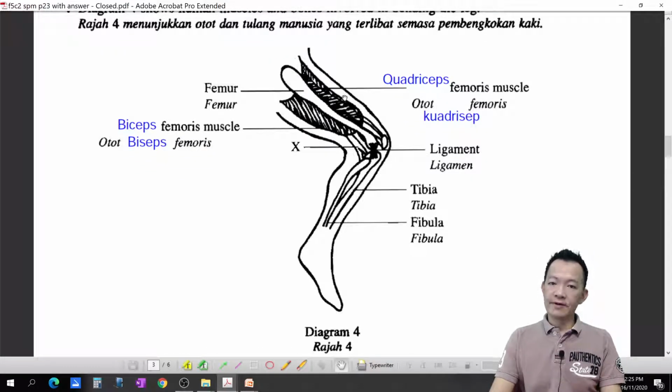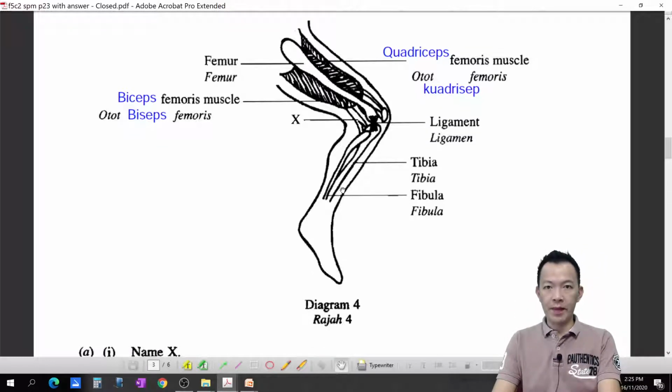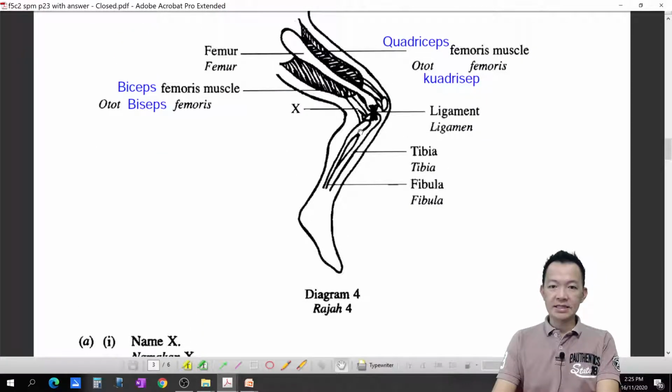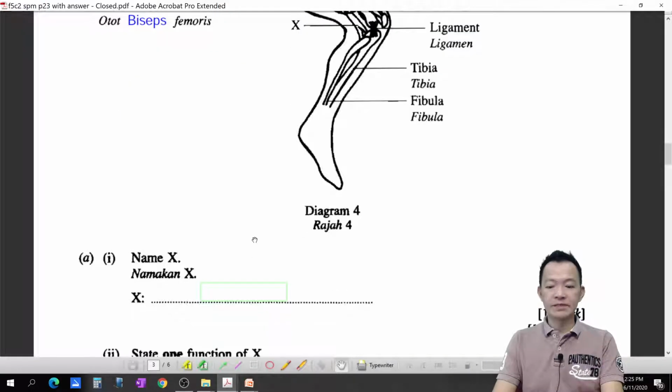For this muscle, quadriceps femoris, or you just call quadriceps muscle, 这边叫 biceps femoris. Quadriceps femoris 前面的，后面的叫 biceps femoris. Okay, what do they want? Name the X. X joins the muscle together with the bones, and the X must be the tendon.